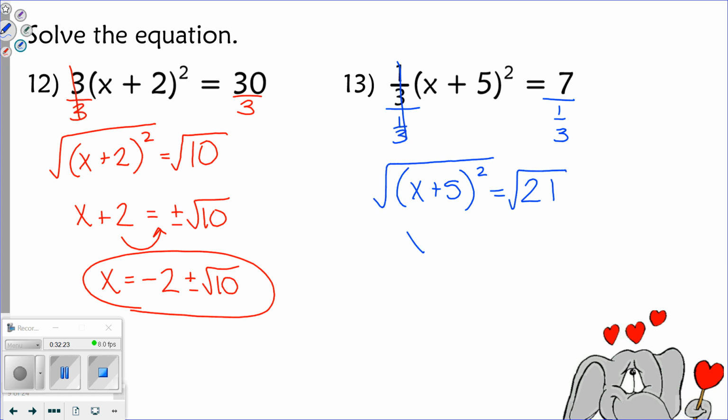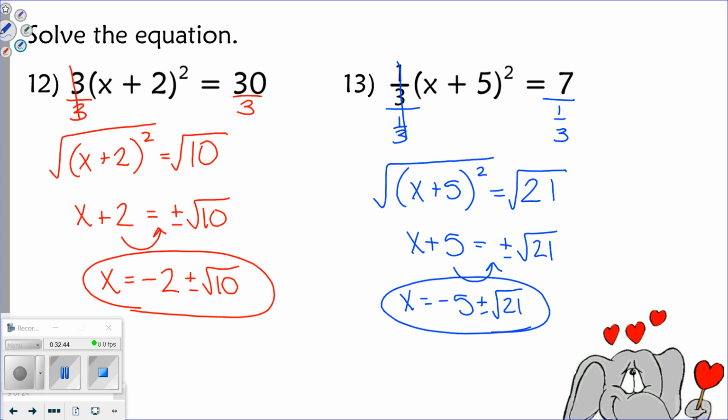So I get just x plus 5 equals, good. Factor tree there, it's just 3 and 7, so no pairs. And then I have to get x by itself. Perfect. And I don't go any steps further because those are not like terms.